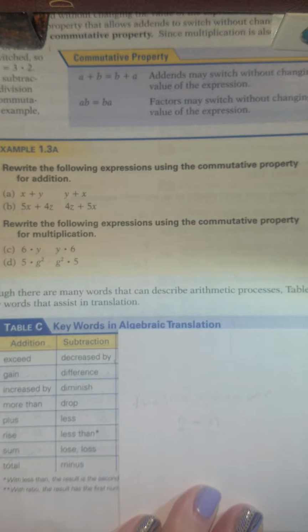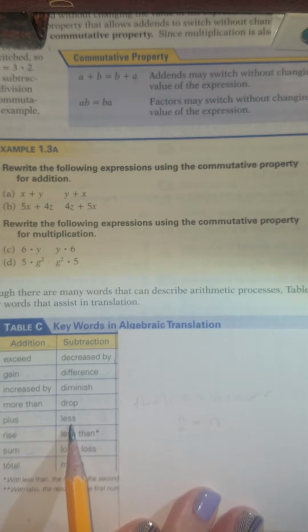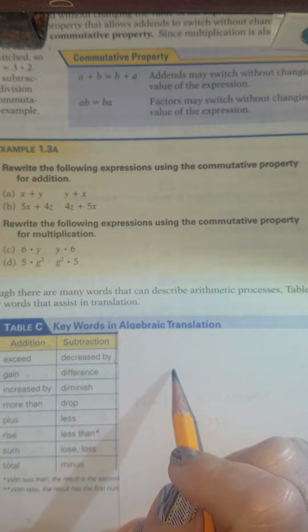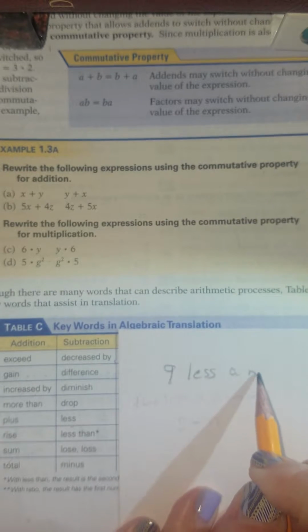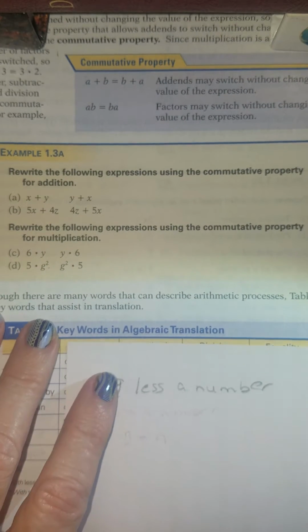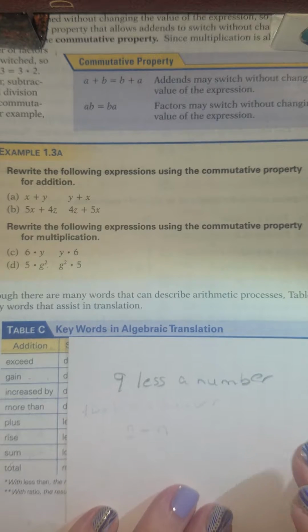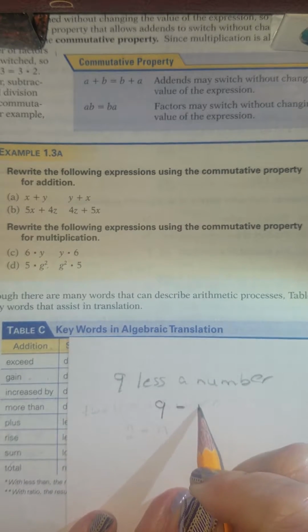There is a star here, and I want to point something out. If I said, for example, 9 less a number, that would mean 9, less indicates subtraction, some number in.